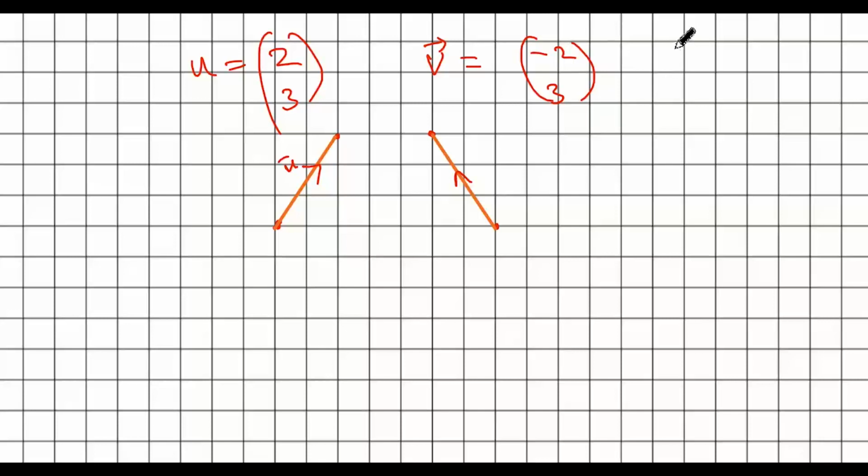If you have another vector, let's say vector w, equal to (2, -3), okay. For this one, if you are starting from somewhere here, we have x to be +2, so you count 2 forward, 1, 2, and y is equal to -3, so 1, 2, 3.